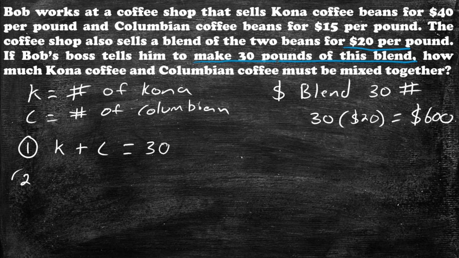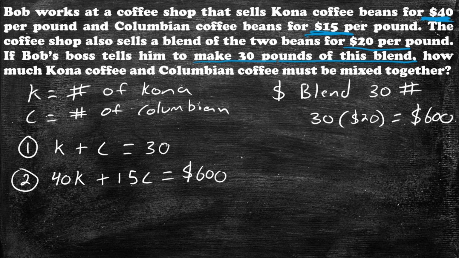So the way we do that is the Kona coffee, it sells for $40 a pound up there, that's given. So $40 per pound of the Kona coffee plus $15 per pound of the Colombian coffee has to equal $600 because that's how much 30 pounds of the blend cost.